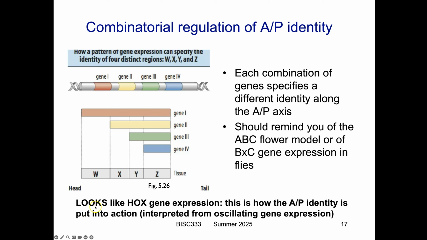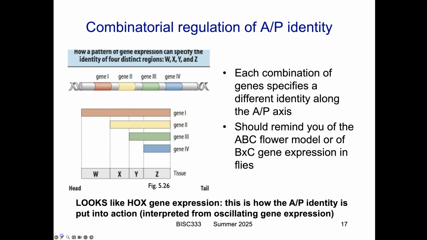But basically, the anterior posterior identity along that axis is set by what we would call combinatorial regulation. So you have a bunch of genes, and for example, gene 1 is turned on in all of these tissues, but then gene 2 is only turned on in a subset of them.